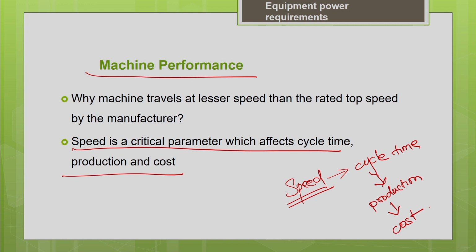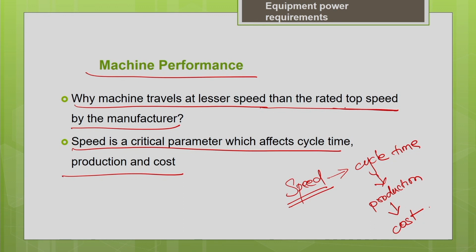So there is one common question always: why does the machine travel at a lesser speed than the rated top speed by the manufacturer? Most of the times we see that the manufacturer speed rating is different from what we realize in your project site, which will be lesser than the manufacturer rated maximum speed. Why is that?